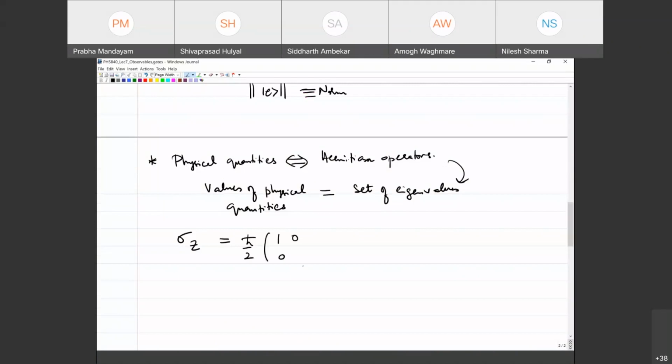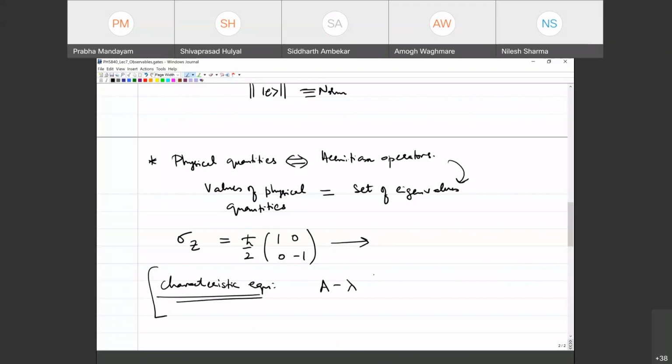So now what are its eigenvalues? I hope everyone knows how to compute the eigenvalues of a matrix. So let me just write down the so-called characteristic equation. To solve for the eigenvalues of any matrix, I have to solve this equation, right?